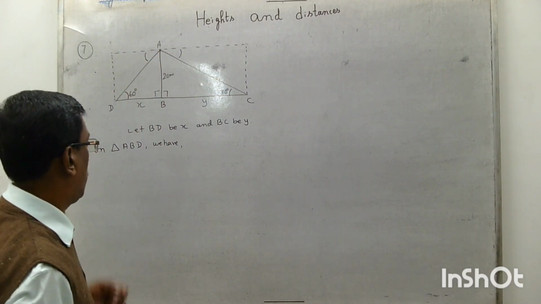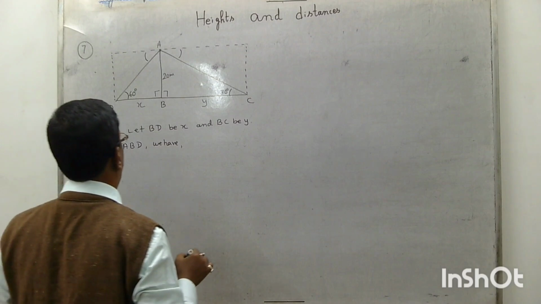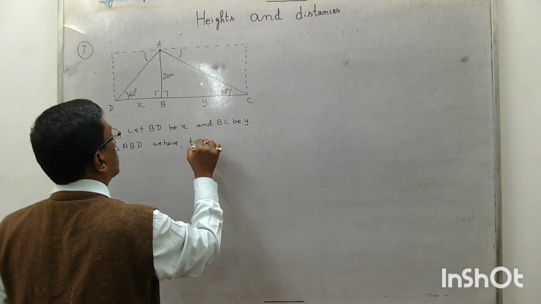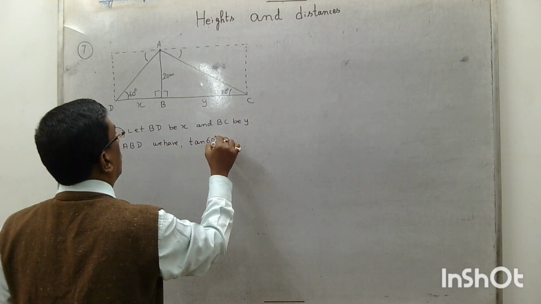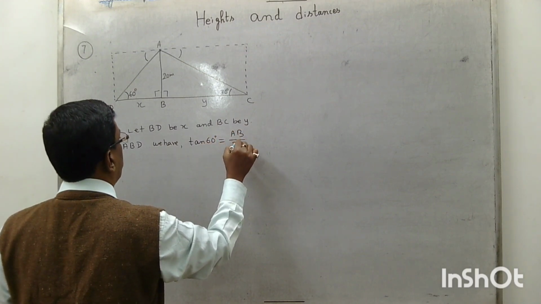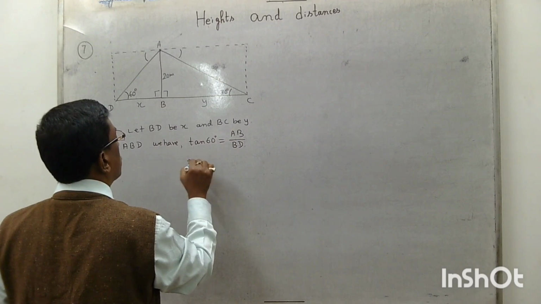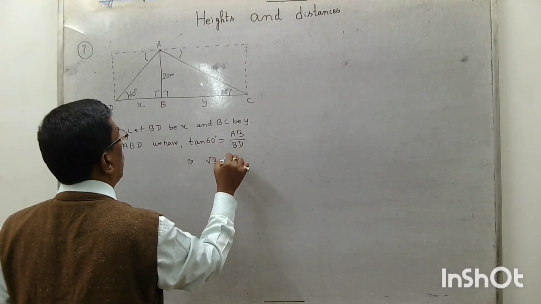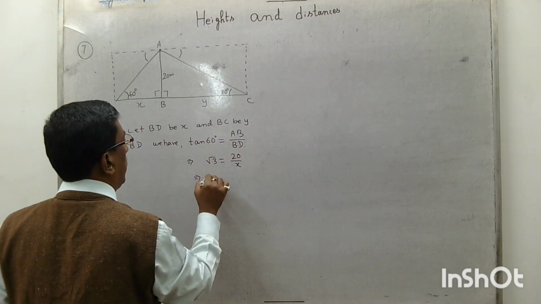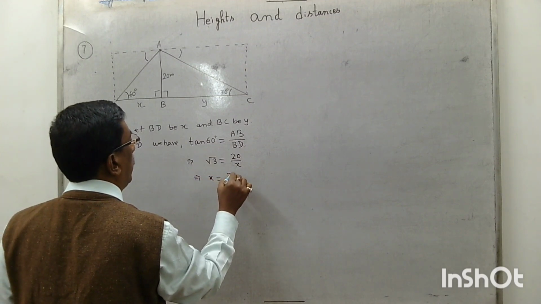So in triangle ABD we have tan 60 equal to AB by BD. That means root 3 equal to 20 by x. So x equals to 20 by root 3.